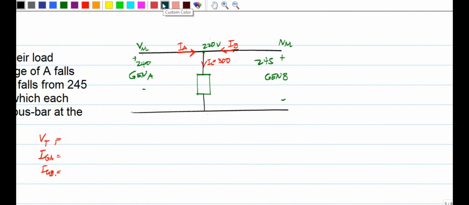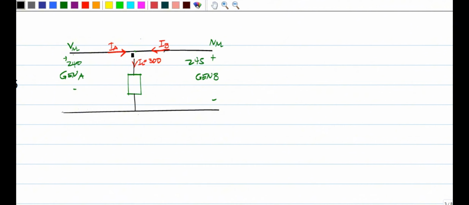What we are going to find is the voltage where IL is 300 amperes.